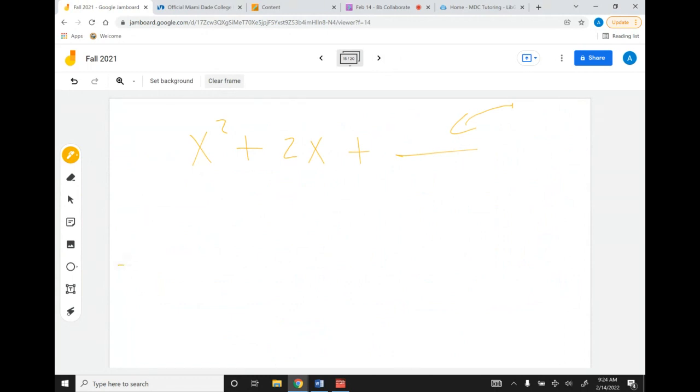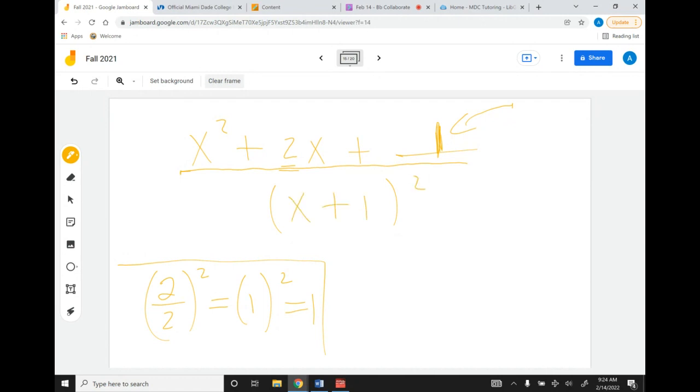So the process is that you take the coefficient of x, which in this case is 2, and you will always divide it by 2, and then you square it. And notice that I generated a 1. This 1 will guarantee now that this trinomial is a perfect square.